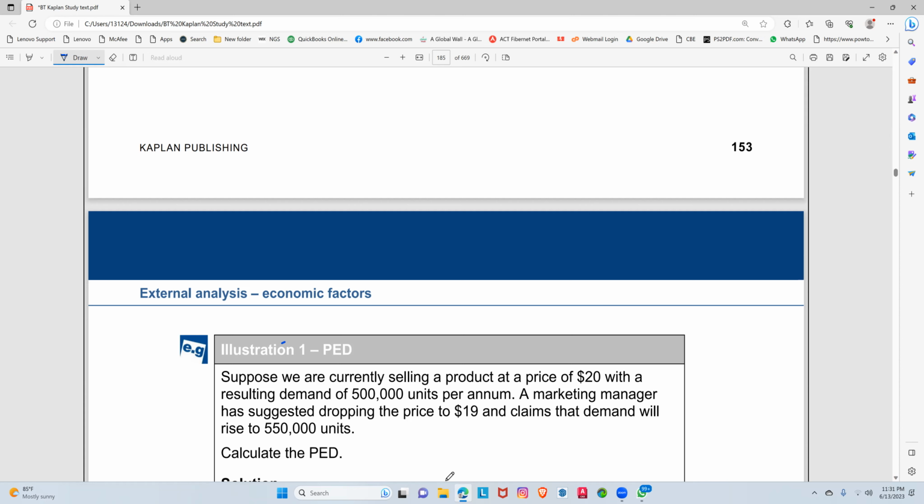Percentage change in quantity demanded divided by percentage change in price. Now 50,000 is the change in quantity demanded.